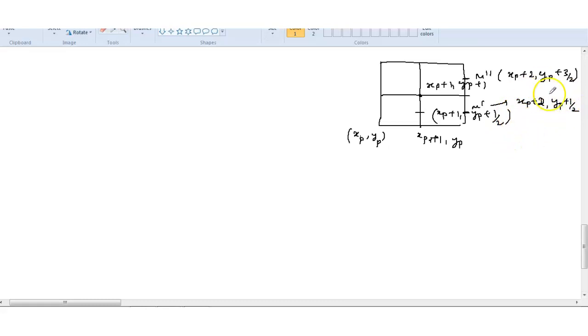Now we have to substitute this new value and update the value of d, meaning the difference of new minus old, and we will write the algorithm here. This d is equal to f of m, which we are substituting as f of xp plus 1 and yp plus half.